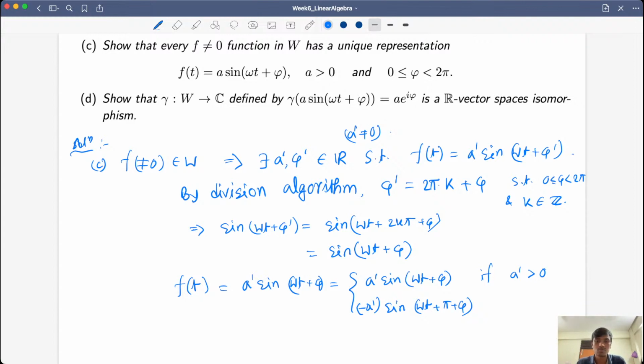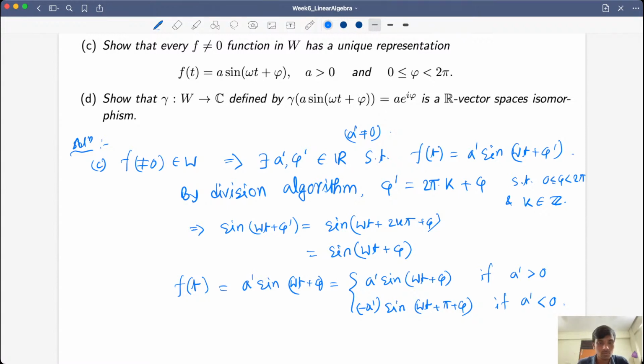So that is the case a prime less than 0. And if pi plus phi is again greater than 2 pi, then I can simply rearrange to get back to a phi which is between 0 and 2 pi.